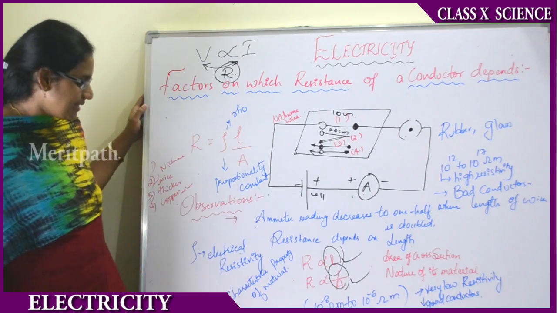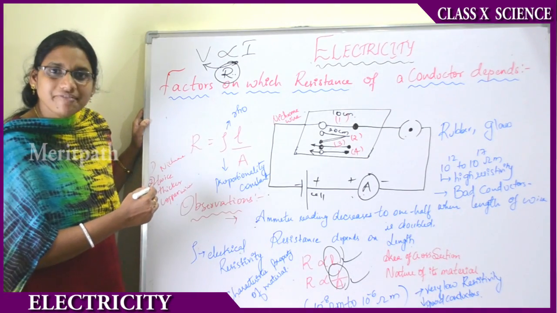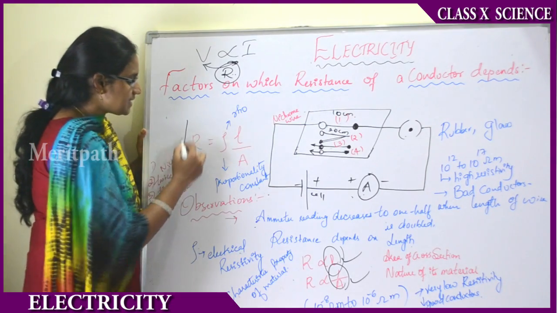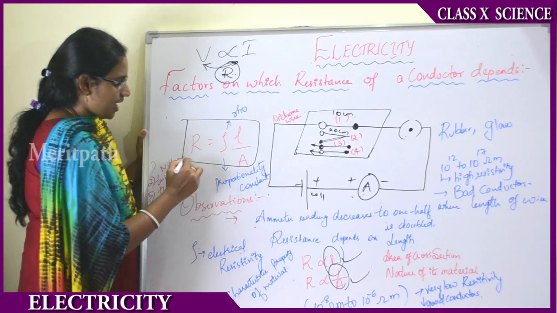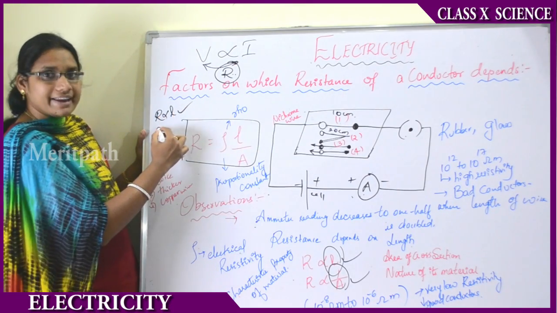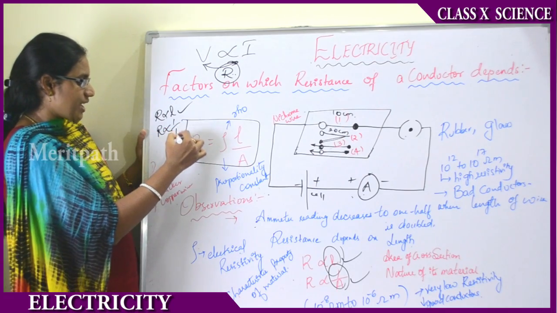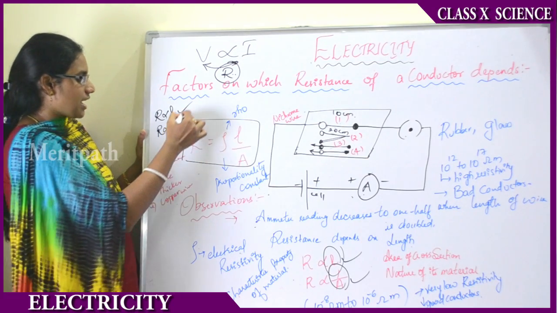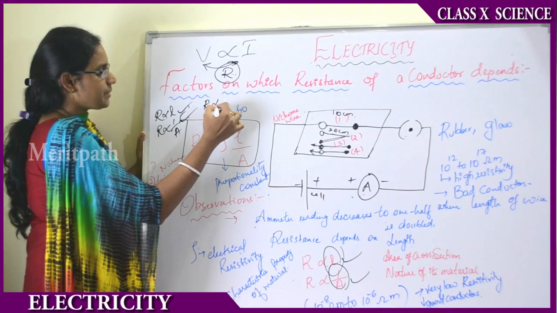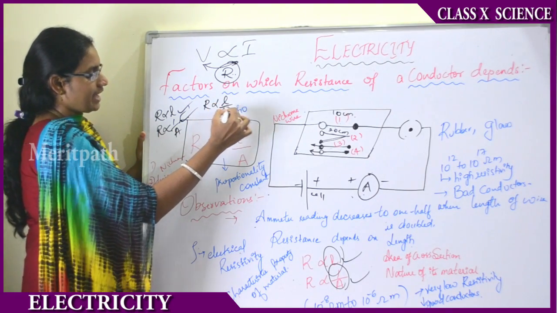Now let us see the formula for resistance, which depends upon the factors. Resistance is defined as R is directly proportional to L and R is inversely proportional to area of cross section. Therefore, by combining these two relations, we get R is directly proportional to length by area.